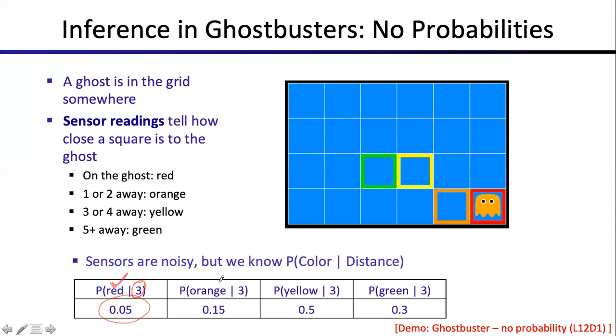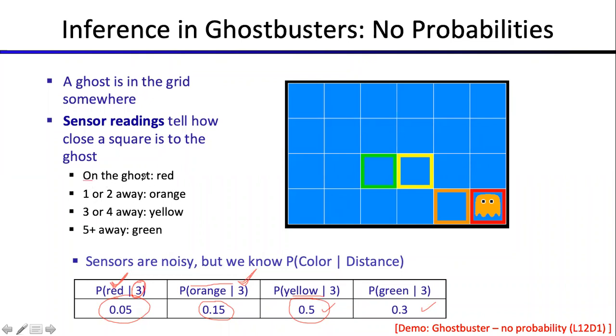If orange appears, you say that the probability of orange, given that the distance from the ghost is 3 cells, is 0.15, and you can see that yellow's probability is 0.5 and green's probability is 0.3. So if a yellow cell appears, the chances are that it's relatively far away from the ghost. That's how this grid appears.